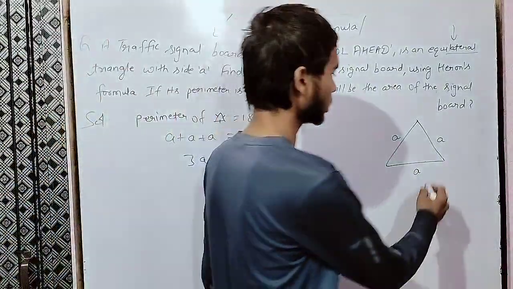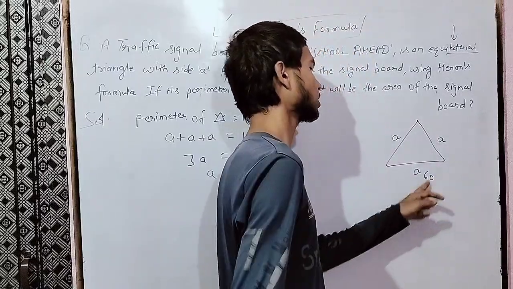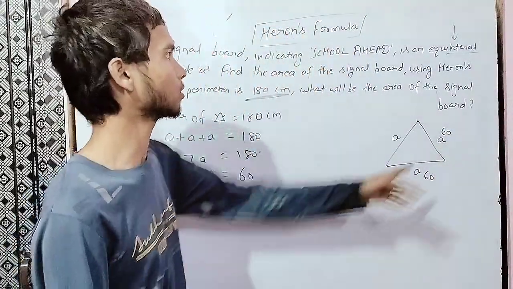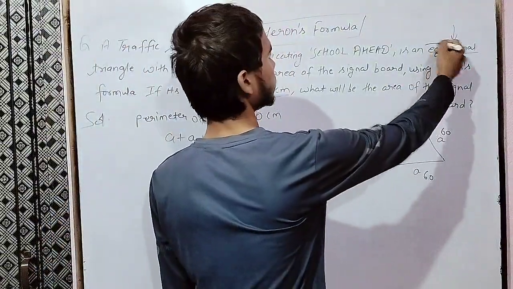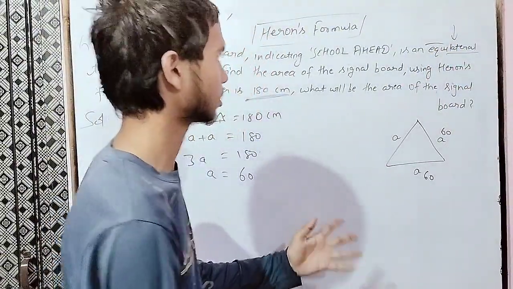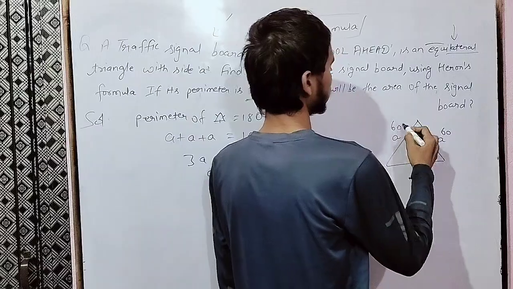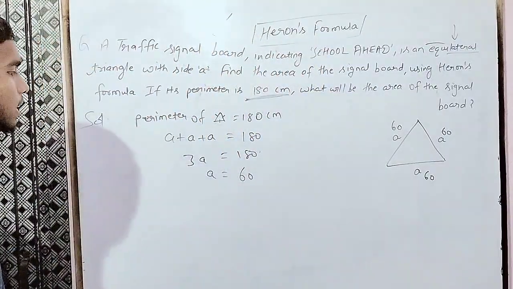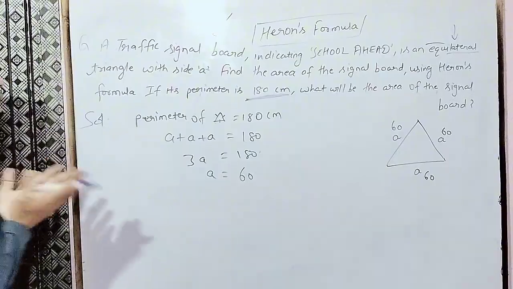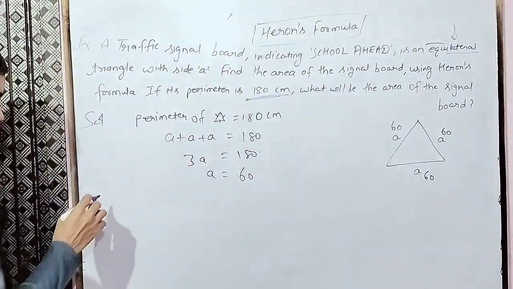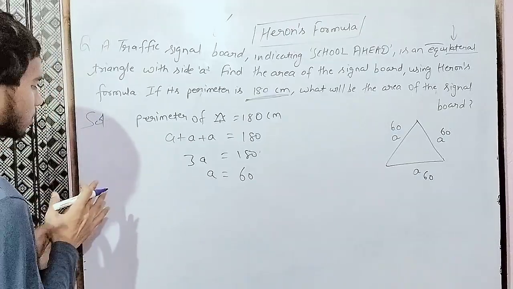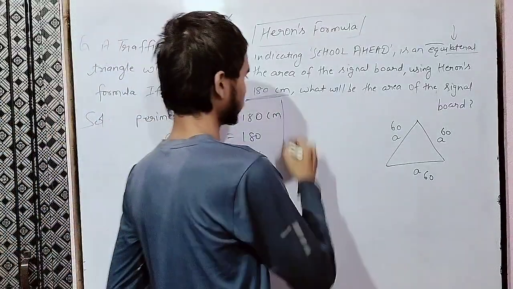So this side is 16. If this is 16, then this side will be the same, 16, because it is equilateral. Equi means equal, lateral means sides, so all sides are equal. So this is also 16. Now we have to calculate the area of this triangle. So here the semi-perimeter will be compulsory. So we can find the semi-perimeter here.